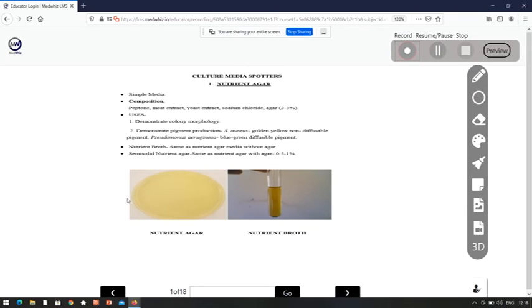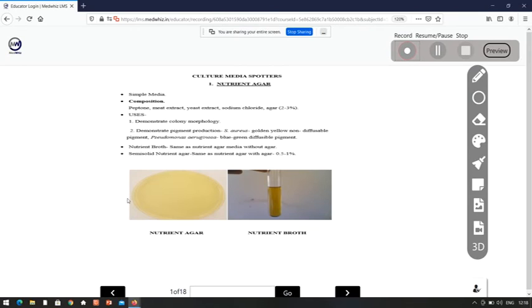Nutrient broth is the same as nutrient agar medium but without adding the agarose. If you don't add any solidifying agent like agarose, we call the medium broth. Broth means it is liquid in nature. Agar means it is semi-solid or solid in nature.